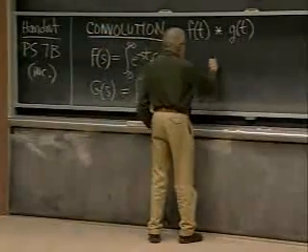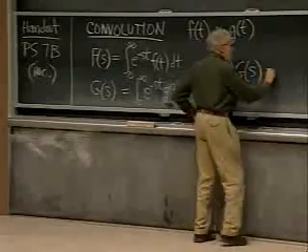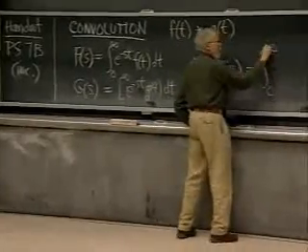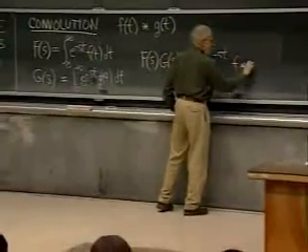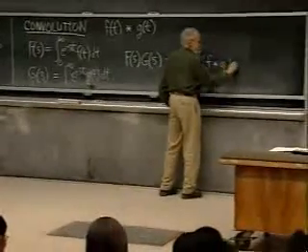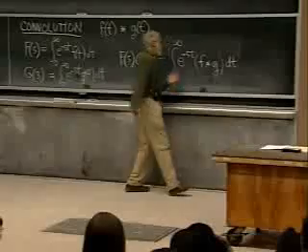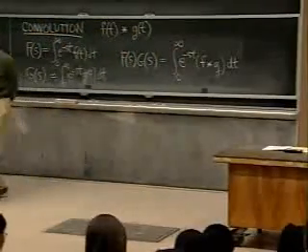The answer is that f of s times g of s turns out to be the Laplace transform of the convolution. The convolution, and that's one way of defining it, is the function of t that you should put in there in order that its Laplace transform turn out to be the product of f of s times g of s.